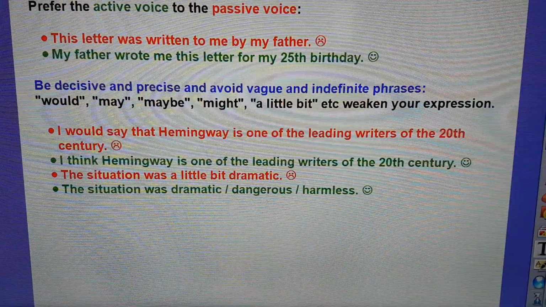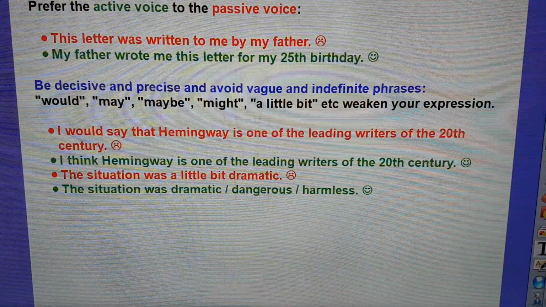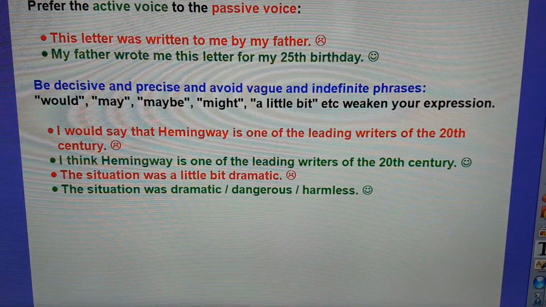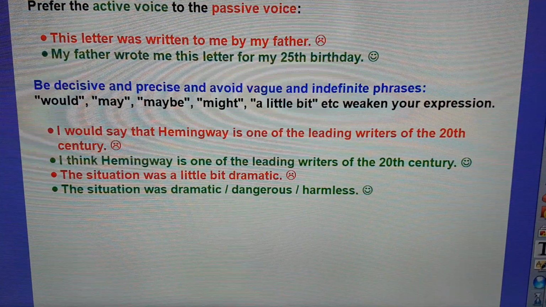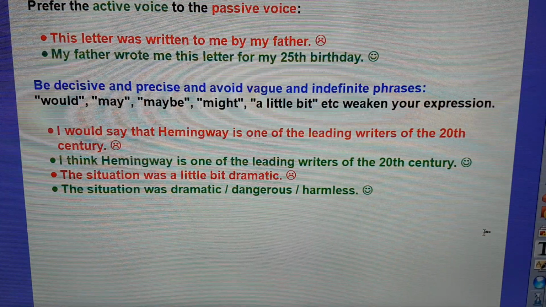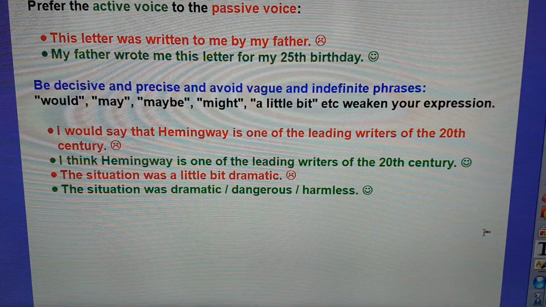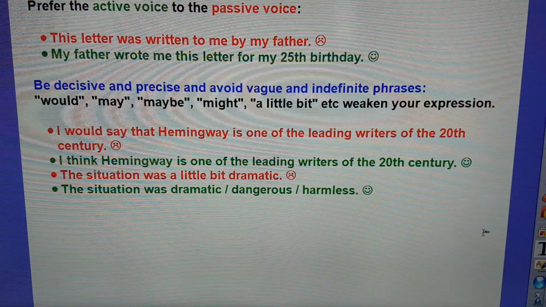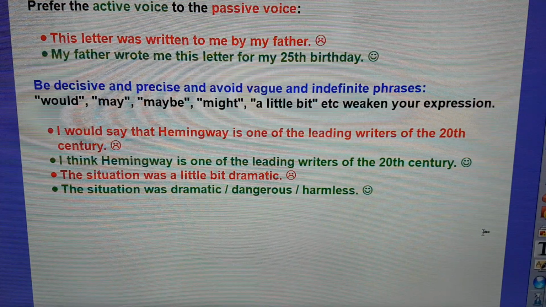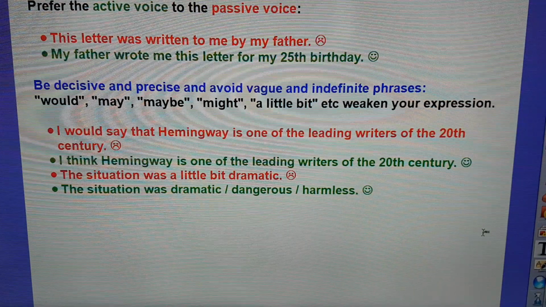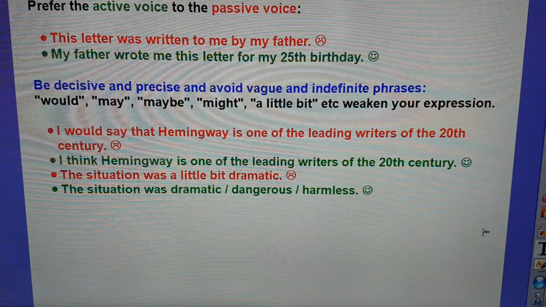And believe me, I treat such phrases very ungraciously when grading your papers. Okay, so my students, take this point excessively seriously and avoid any such things, because I have very, very, very little love for such phrases.